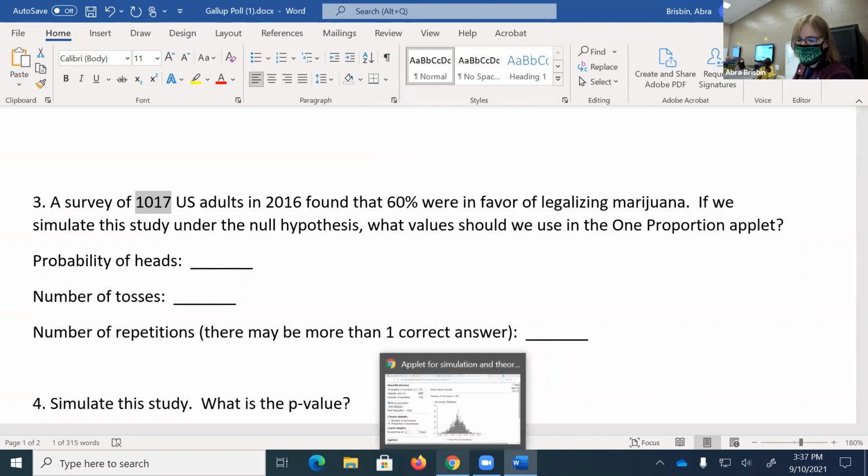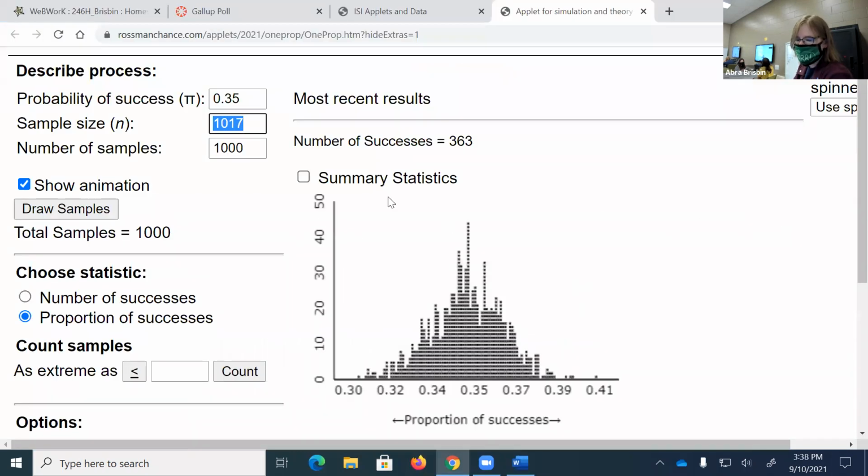And then if I want to compute the p-value, what number should I put in this box? Nettie? What's that? 0.35? Let's find out what happens if we do that.